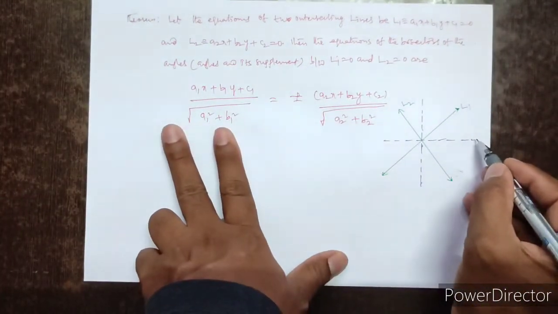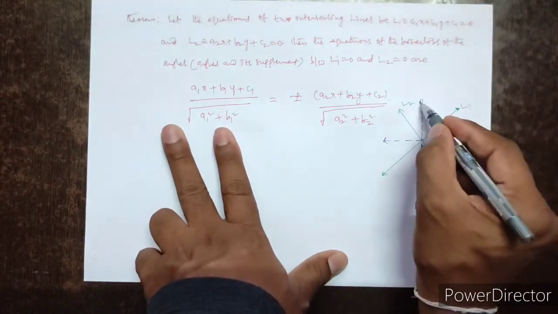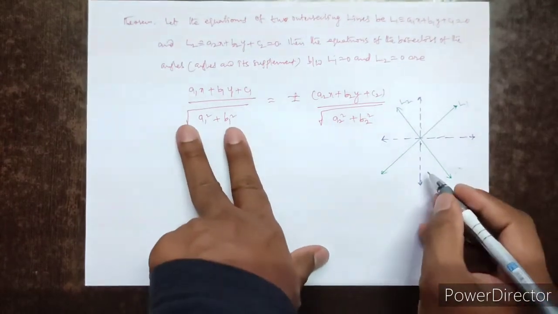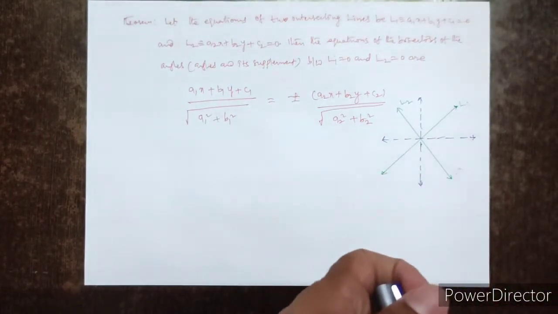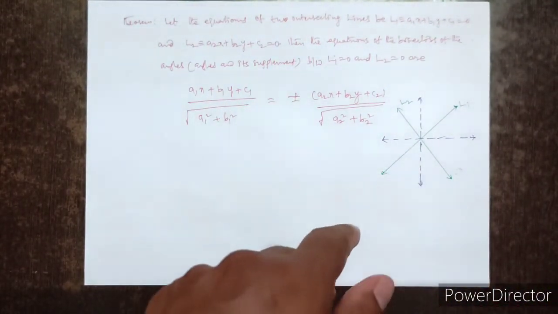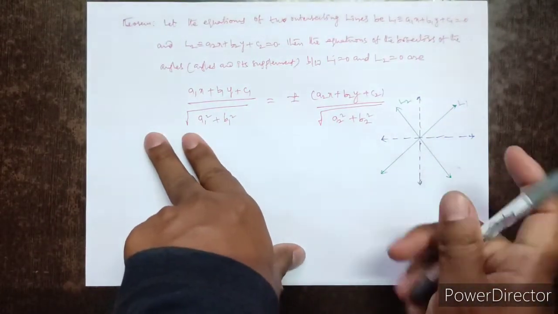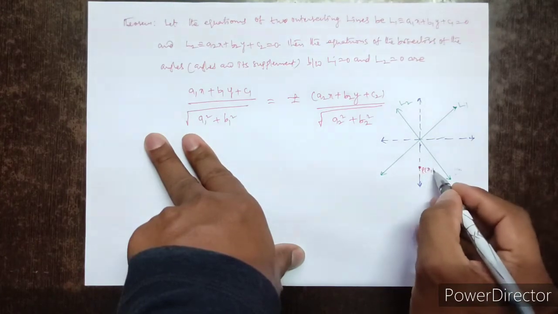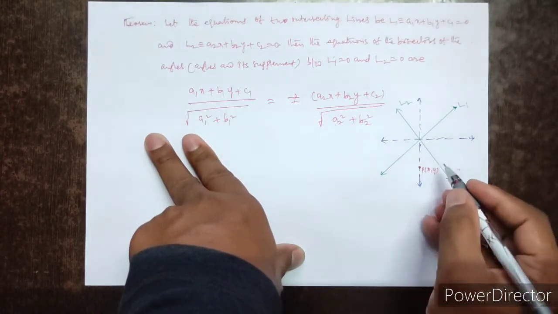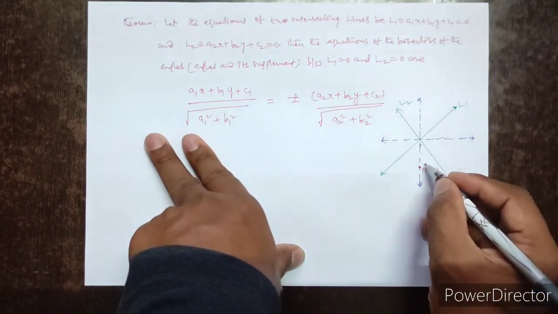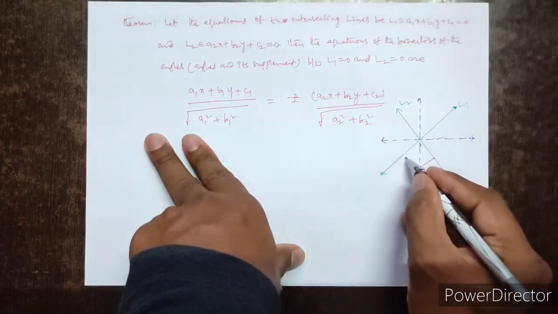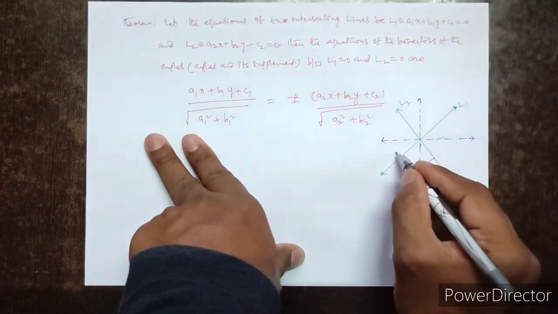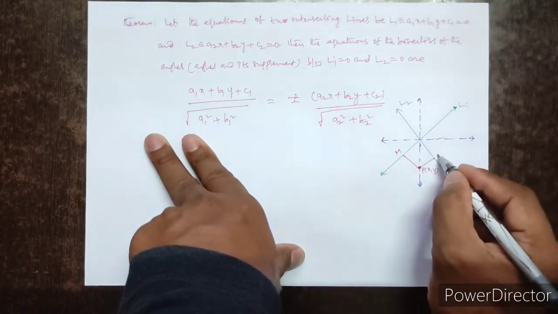Now we are finding the equations of these lines. This is P(x, y) on this angle bisector, which is equidistant to the lines L1 and L2. This is M, this is N.